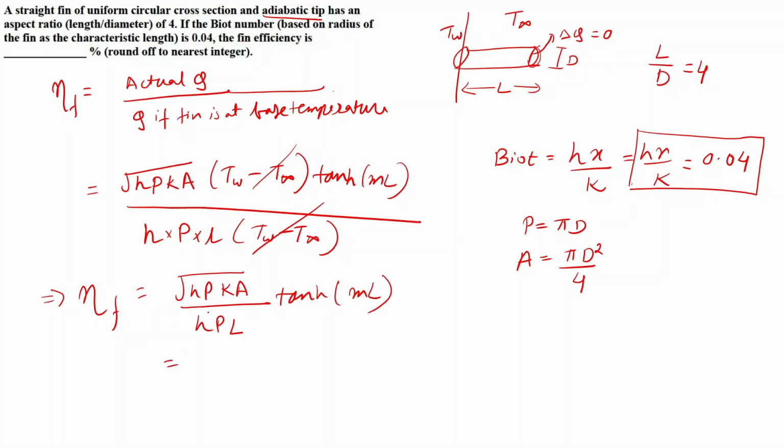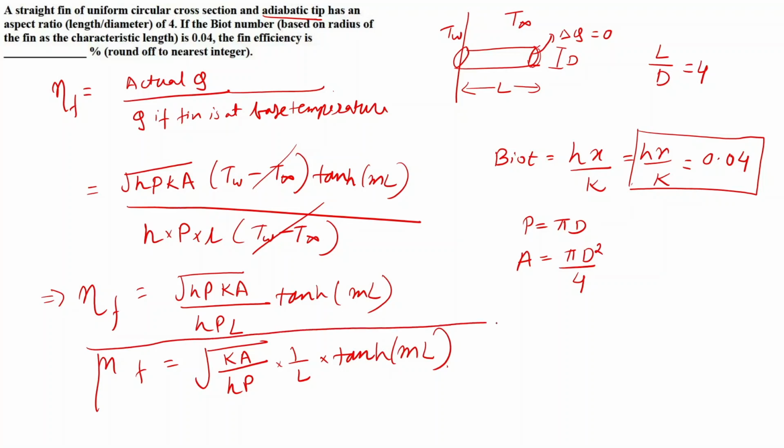So you can cancel this HP, and it will become under root of KA upon HP, into 1 upon L, into tanh ml. We will be using this formula to calculate the fin efficiency.